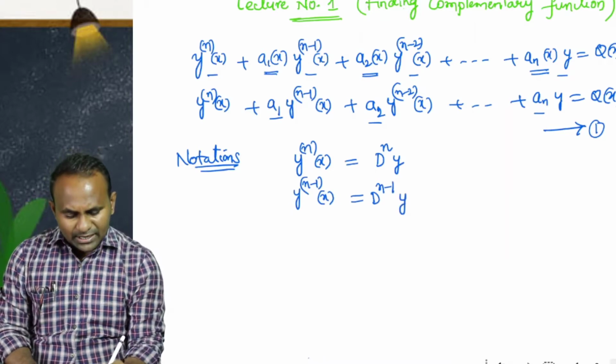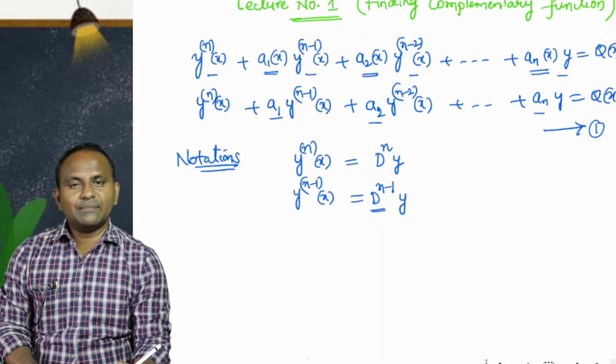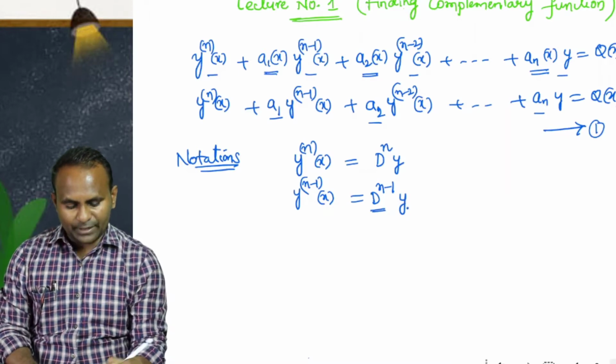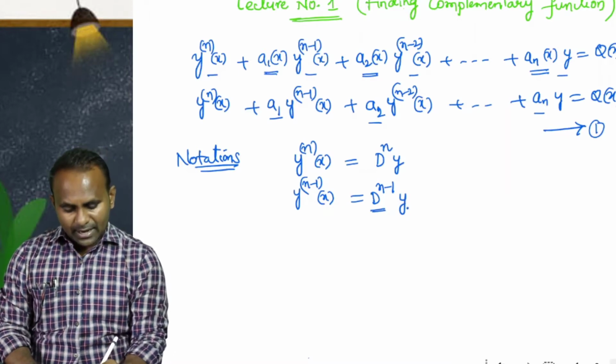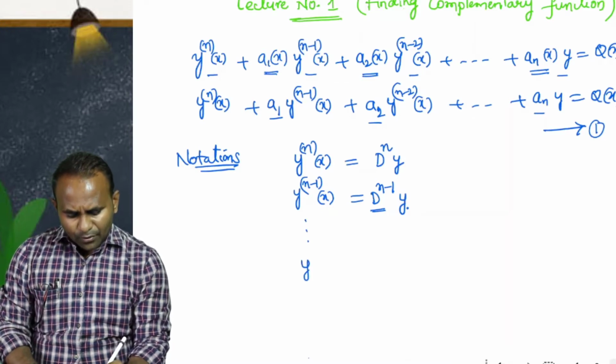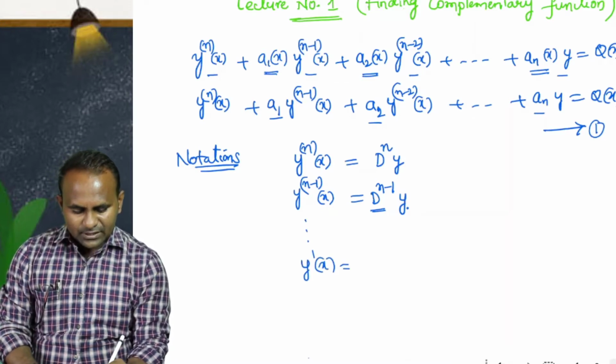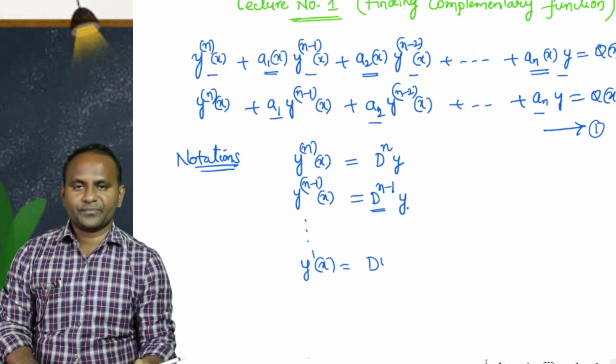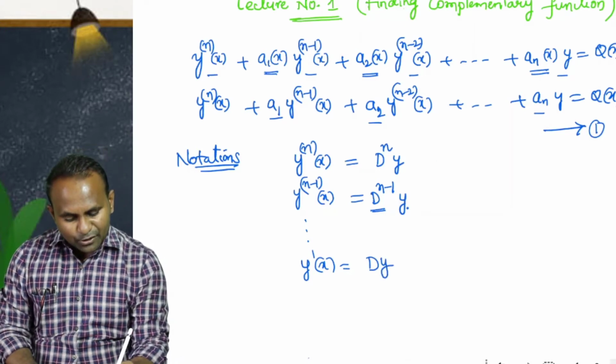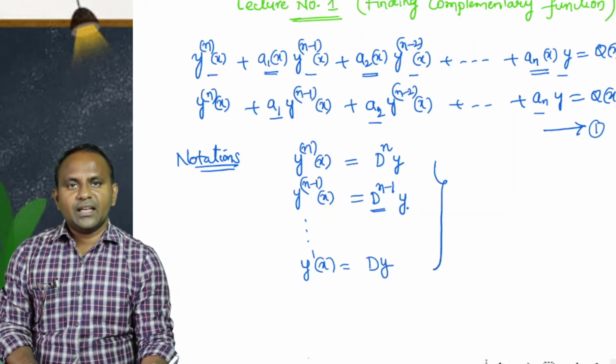So this only gives the n minus 1th derivative of the function y. Hope you understand that. Likewise, y dash is simply Dy. These are the notations which we are going to use while solving these higher order linear differential equations with constant coefficients.